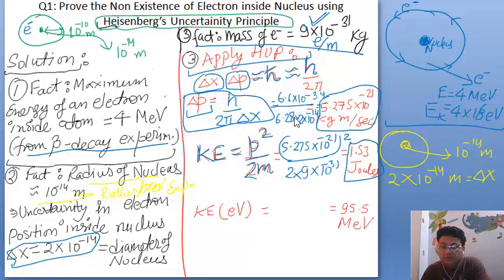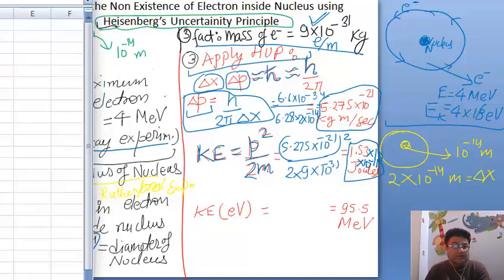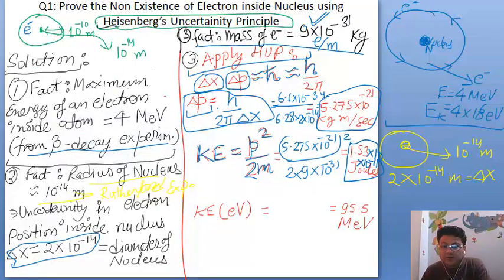Okay, so this is into 10 to the power minus 11 actually. I had made some calculation error here. Yeah, 10 to the power minus 11. Now the kinetic energy comes out to be 1.5 into 10 to the power minus 11 joules.